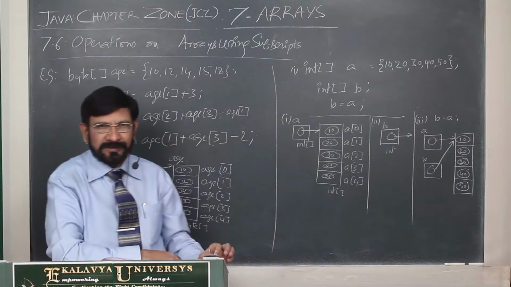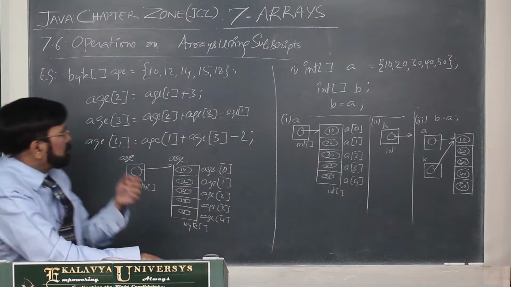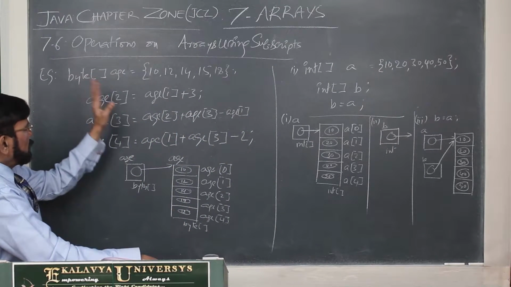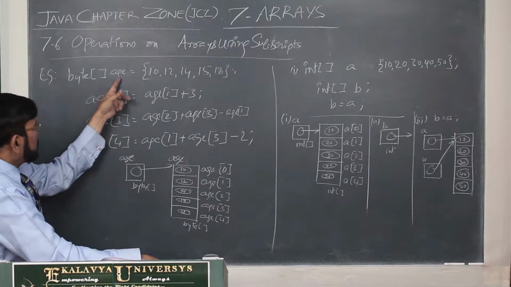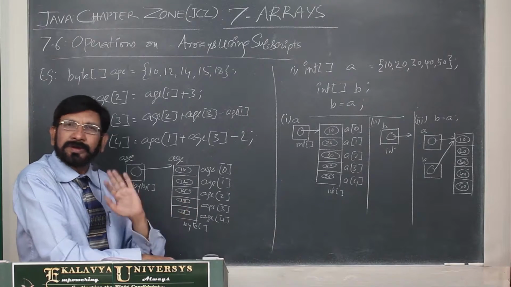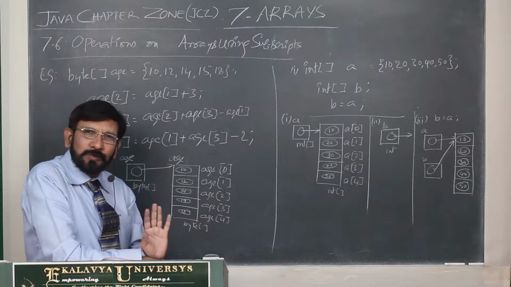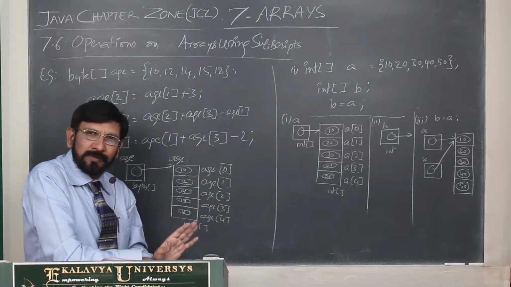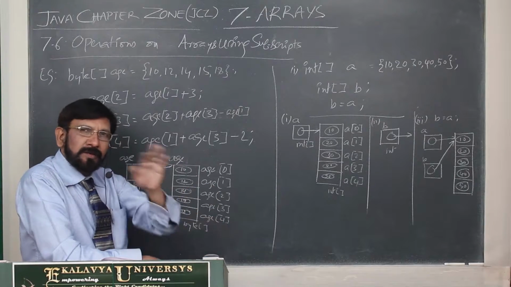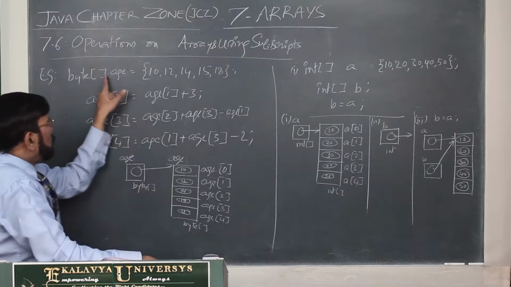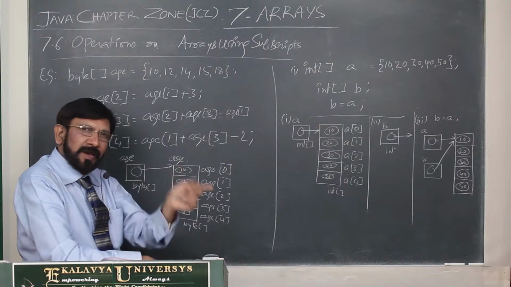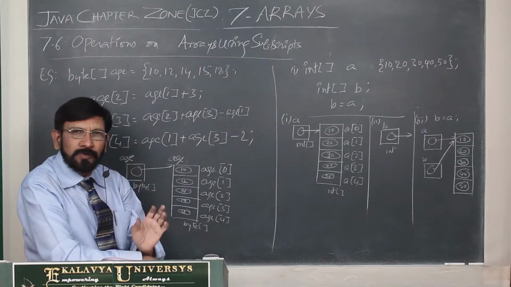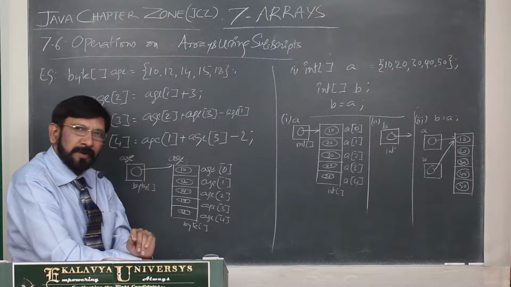Once you define the size directly or indirectly, suppose in this case you are not directly mentioning anything, but indirectly, what is the size of this array? 5, that is fixed. You cannot change its value, you cannot decrease it or increase it. So once the size is defined directly or indirectly, it is immutable. Remember that point.